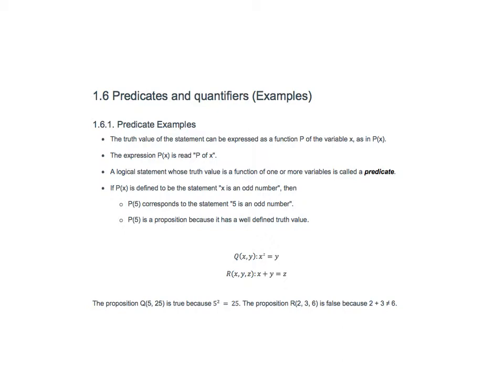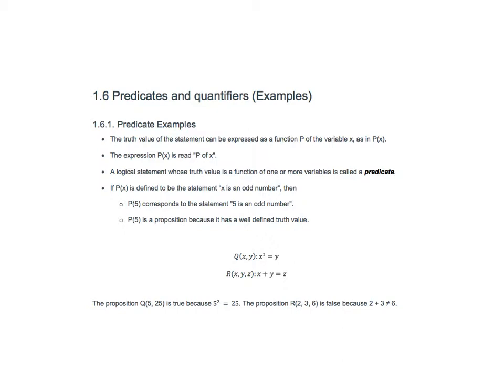Same for r of x, y, and z. We have three variables separated by commas inside parentheses. And then the meaning of r of x, y, and z is x plus y is equal to z, which means if x plus y is equal to z, then r of x, y, and z would be true. Otherwise, r of x, y, and z would be false. As a result, you can say that the proposition q of 5 and 25 is true because 5 squared is equal to 25.